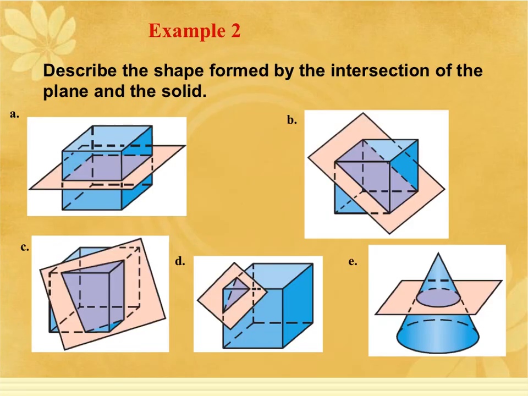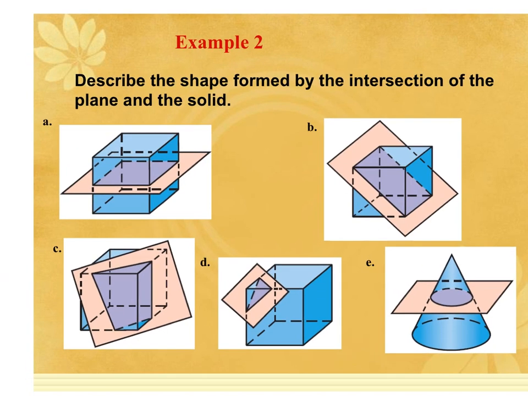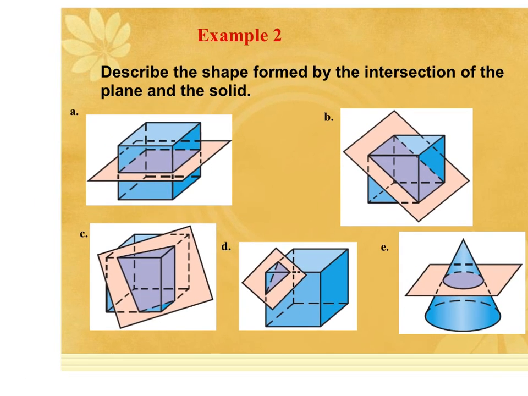Let's go ahead and see if we can identify what the shape is being formed by the intersection of the plane and the solid. So they want us to describe the cross section. So I know I don't have any congruency marks here on figure A, but I'm going to tell you that this shape is a cube.